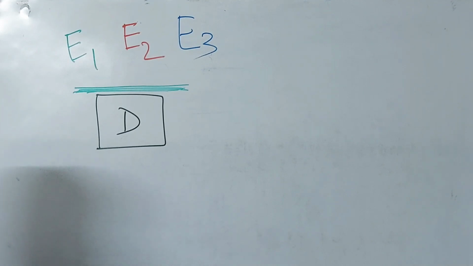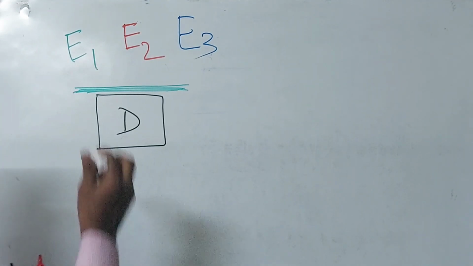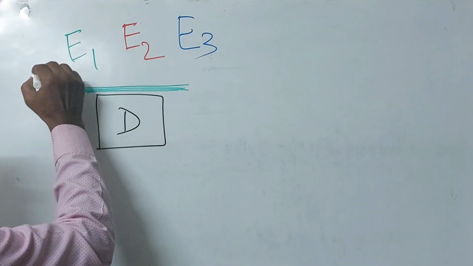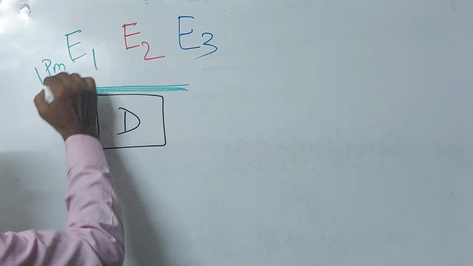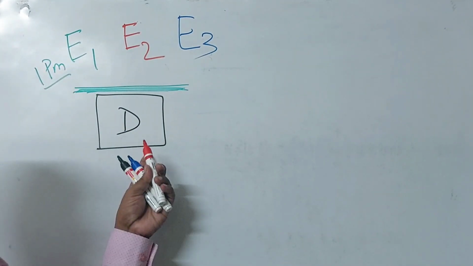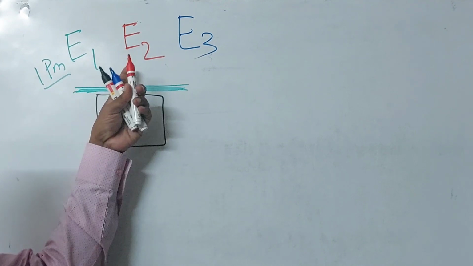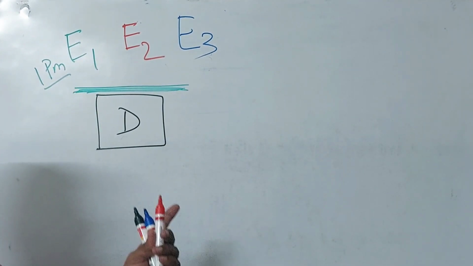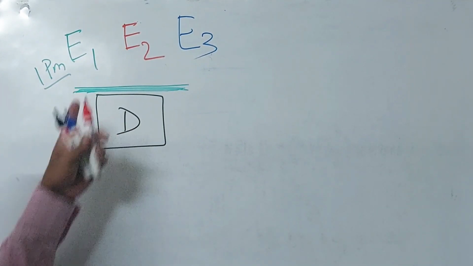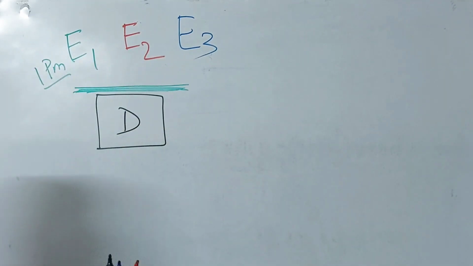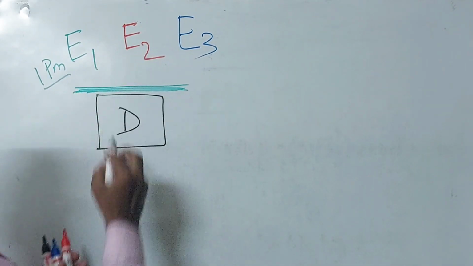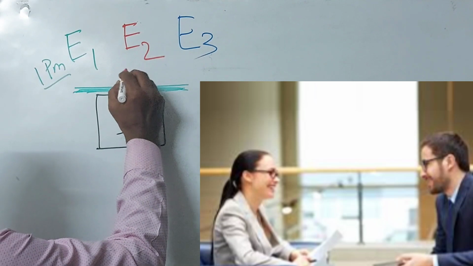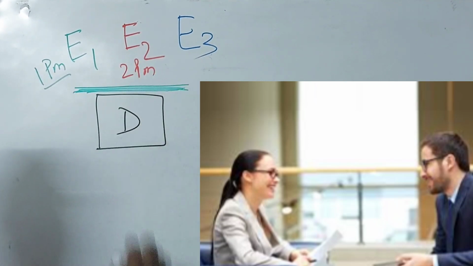Suppose employee number 1 came at 1 p.m. to visit the director, but he saw that employee number 2 had still not arrived. Then he is waiting for employee number 2, who came at around 2 p.m.